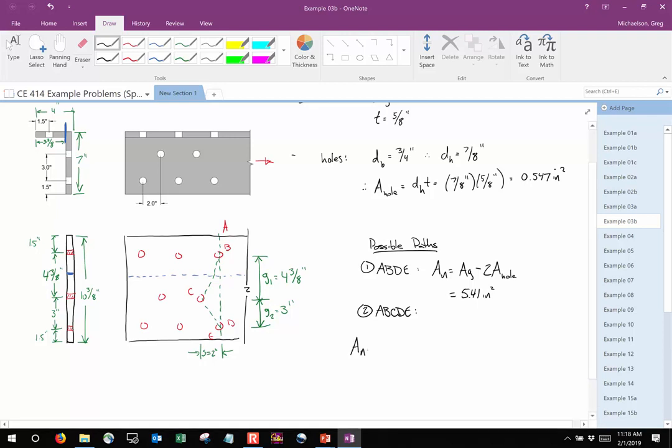Well, it's going to be the gross area minus 3 bolt holes plus what? Now, is it 2 stagger factors, or do I have to add each stagger factor separately? I have to add them each separately. So we're going to have S squared T over 4G1 plus S squared T over 4G2.